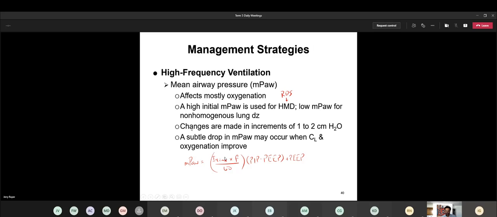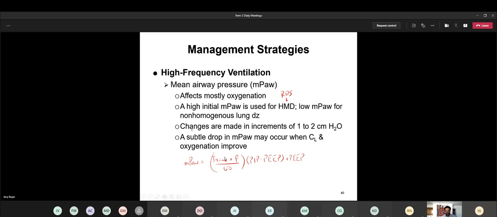Now, I just wrote that, this is a form that we've been using to calculate mean airway pressure, which just means that there are 4 different things that are going to cause your mean airway pressure to either increase or decrease. And as long as we're increasing at least one of those, then we should be guaranteed that the mean airway pressure will go up.